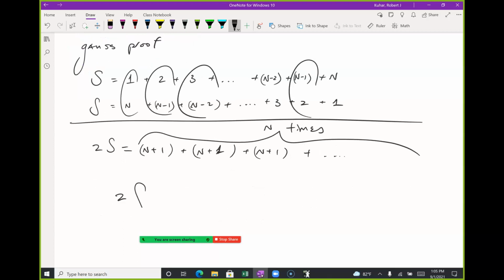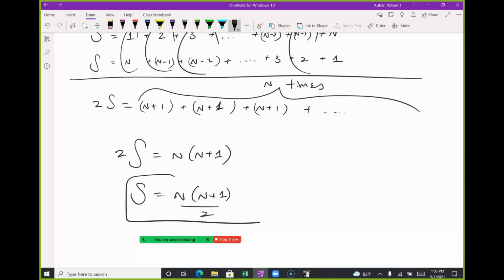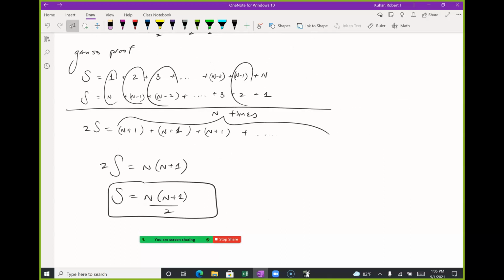So I get 2s equals n times n plus 1. And if I divide by 2, I get the sum is n times n plus 1 all over 2. And there's the proof by an 8-year-old German kid.